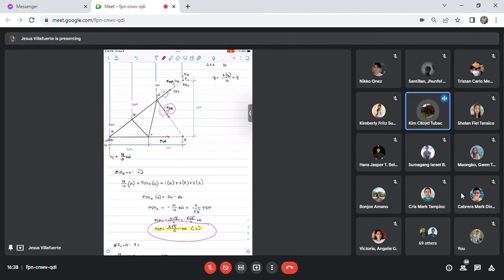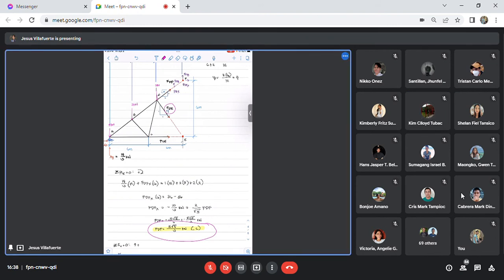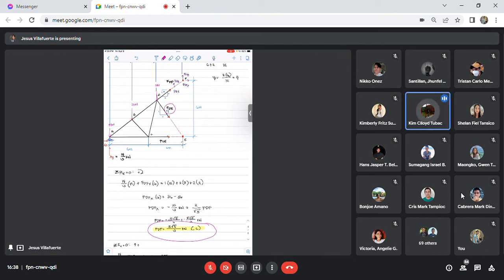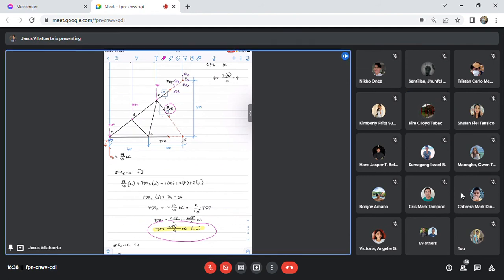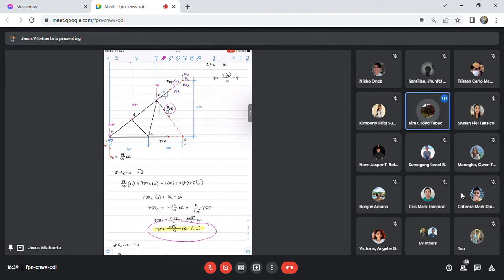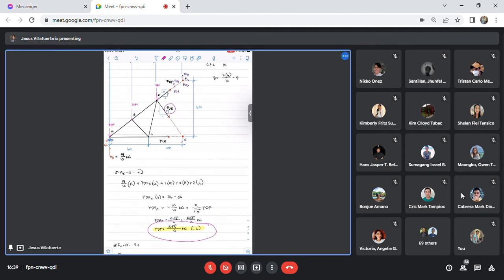Dili din extend ang line of action sa first term? Sa FDF ug sa FDE. No, dili. Dapat they should act at a particular joint lang kung asa ka nag-moment. Okay, sir.